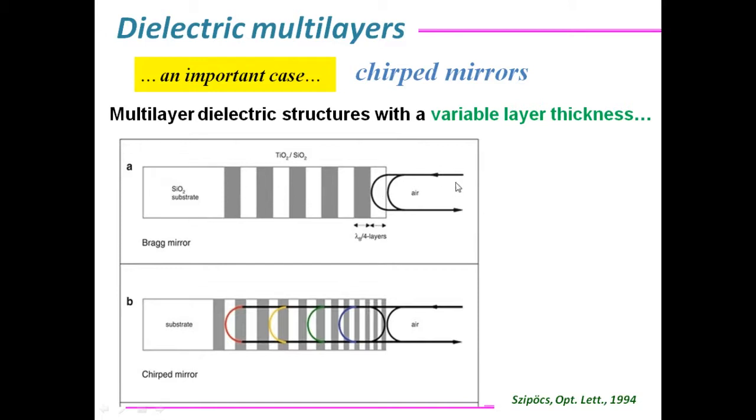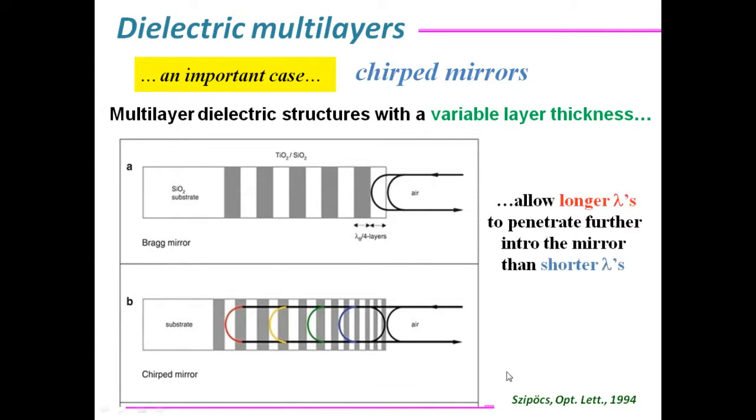What happens with a chirped mirror? Here light comes from the left and the layers have an increasing width. It allows longer wavelengths to penetrate farther into the mirror than shorter wavelengths.